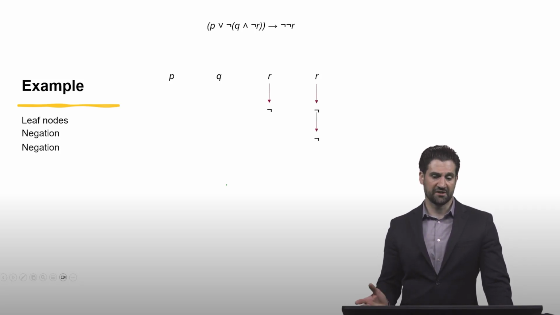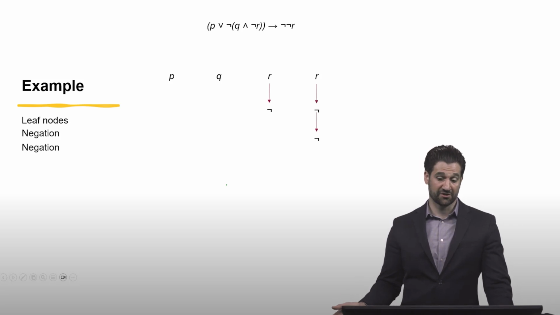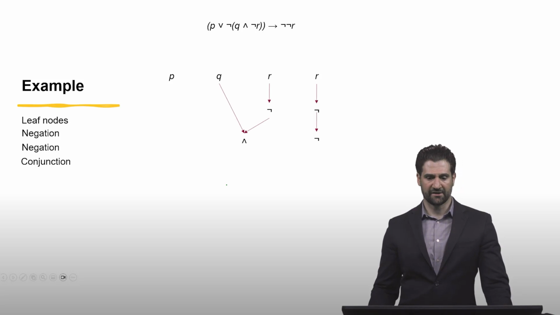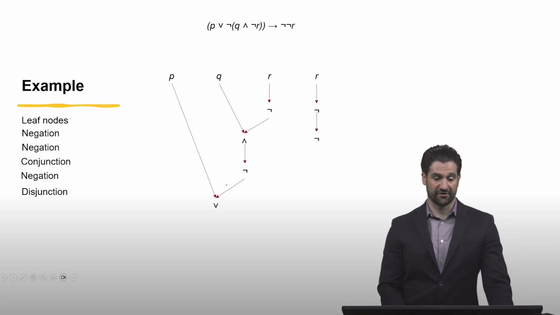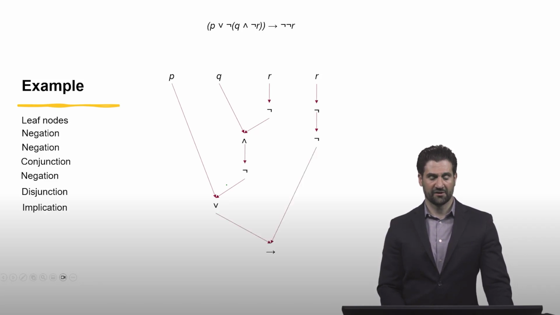And then since the second R has two negations, it gets another child node. Now we add another node for conjunction because Q and not R are combined together. And we add another node for negation because the quantity Q and not R itself is negated. And that is combined with P with a disjunction, which gives us this node. And finally, that is combined by implication with not R.